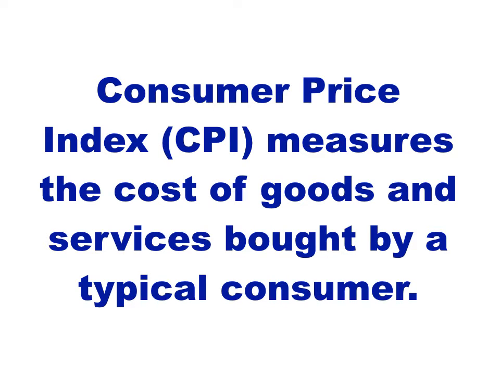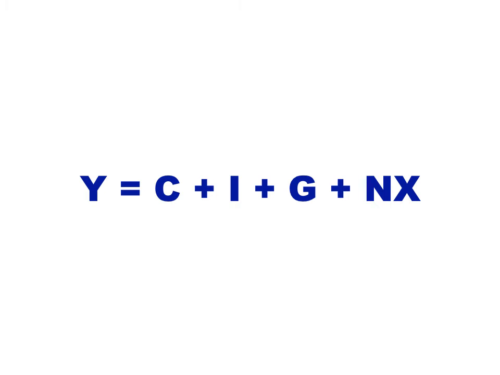So the big difference between the GDP deflator and the CPI is the goods that are included in the basket. When we're thinking about the Consumer Price Index, it is going to include consumption goods. And not just consumption goods, but typical consumption goods, which means that the basket will have things like food, shelter, and clothing.